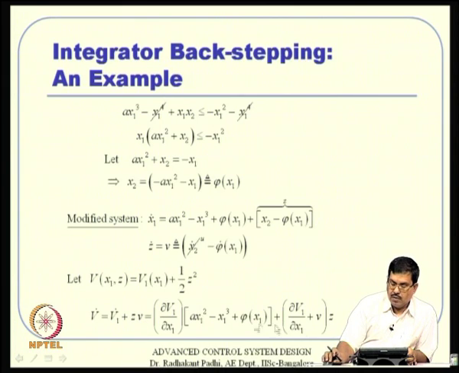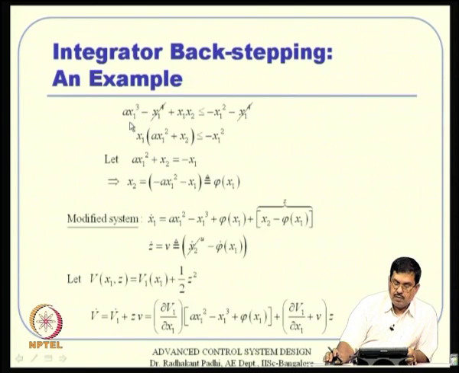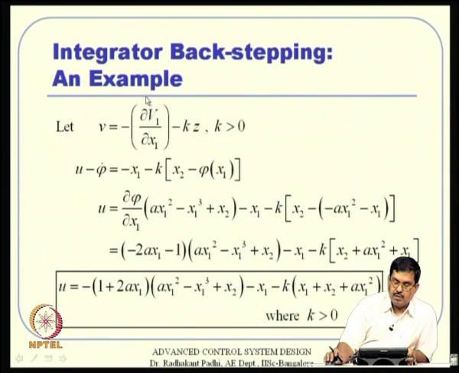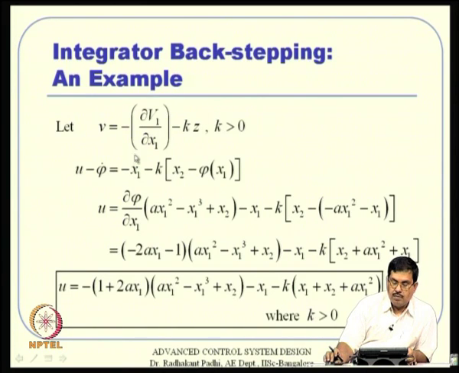This entire algebra gives us this, and then this v has to be minus del V1 by del x1 minus kz, basically. So if you put it back and try to solve for your control, v is nothing but u minus phi dot. So u equals phi dot minus del V1 by del x1 minus kz, but phi dot is nothing but del phi by del x1 into x1 dot.